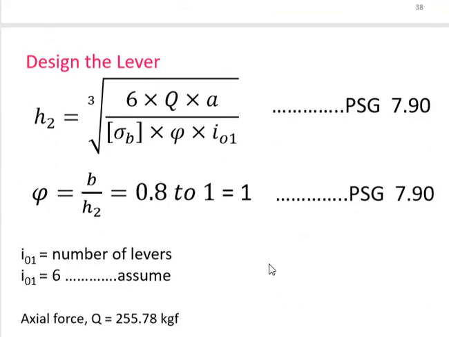For example, we know what Q is, we know what A is, we know design sigma B because it comes from the material. Psi is something we can select from the design data book, where psi is B by H2, and since we have taken a square cross section, we can take the factor psi as 1. I01 is the number of levers used, and we have taken it as 6.